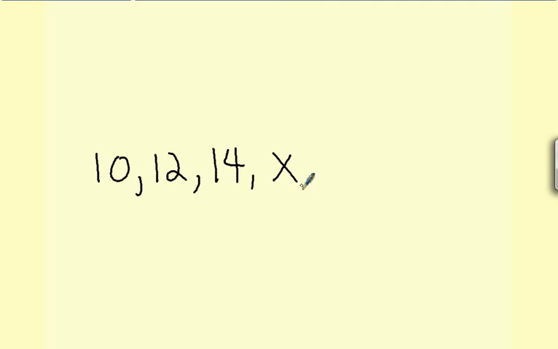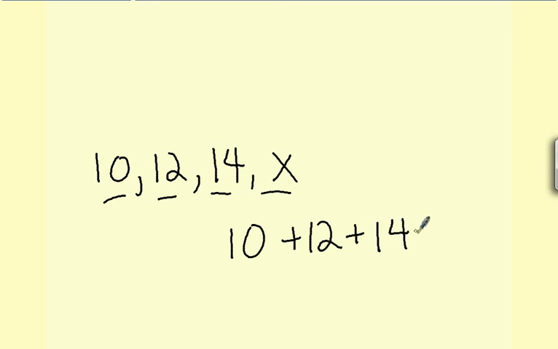Now, to find the average, what would you do? Well, you just take these 4 numbers and then you divide it by what? You divide it by 4. And this is the average.